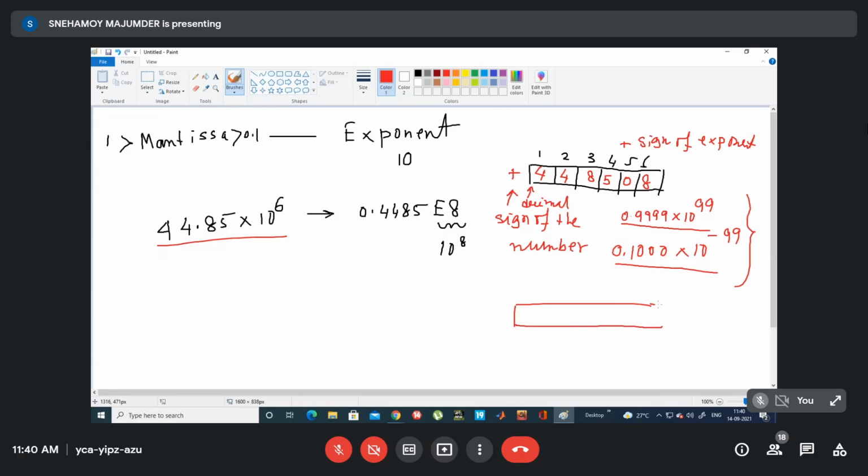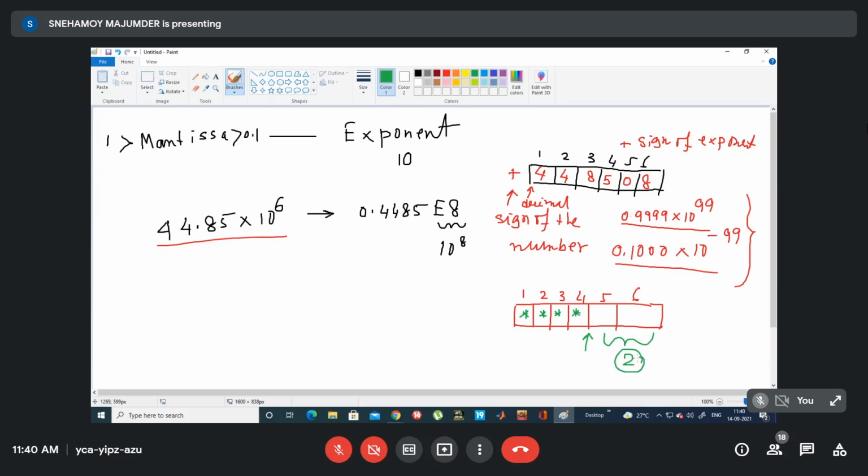Computer has allowed me 6 significant number. 1, 2, 3, 4, 5, 6. Apart from, I can only give 4 significant number.